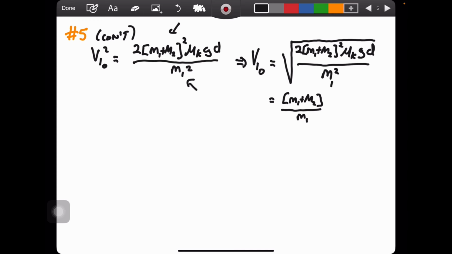And then what's left inside of the radical is sometimes called the discriminant. The discriminant is 2 mu k g d. This is an expression for v1 naught, the initial velocity of the bullet.